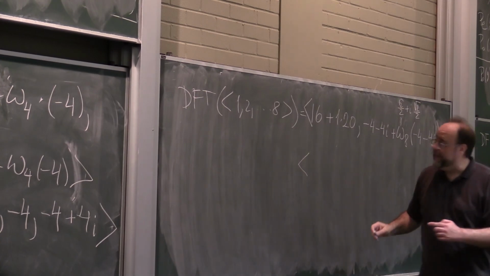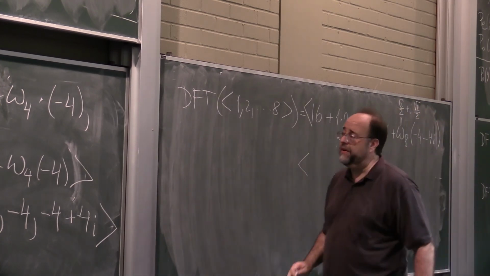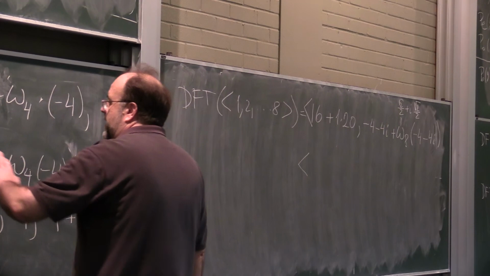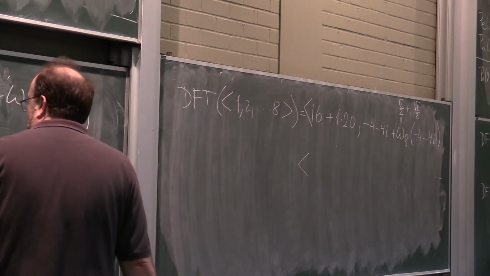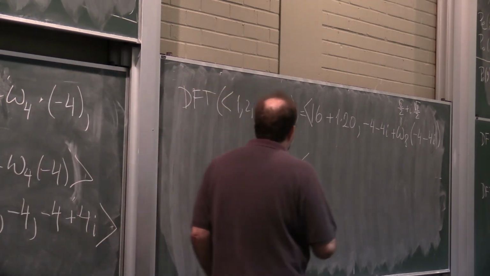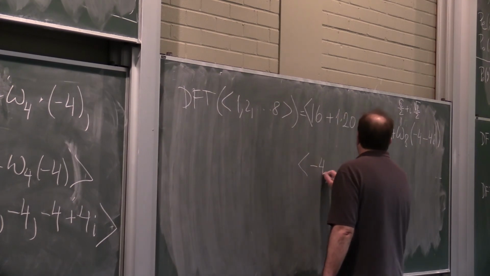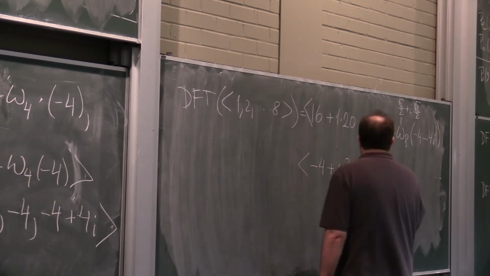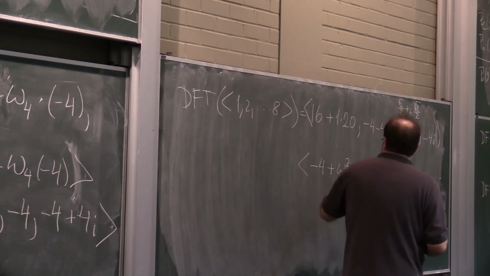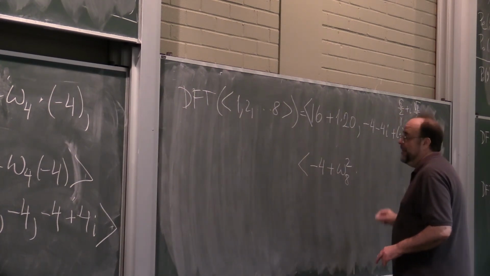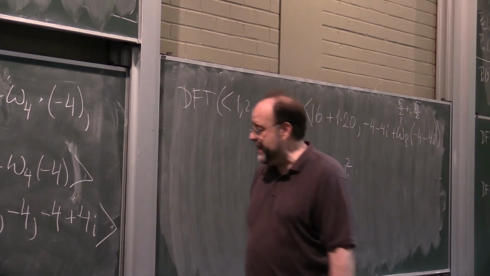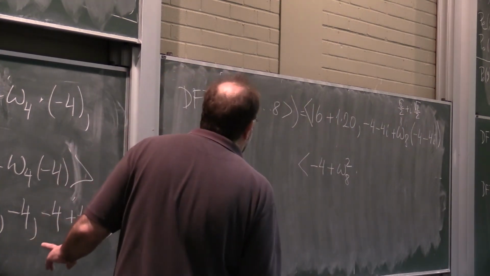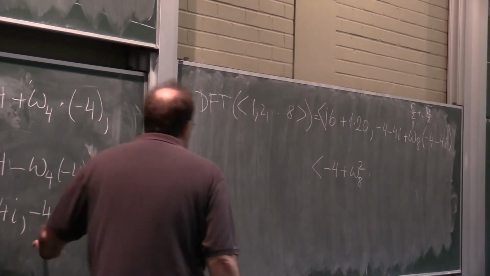And so simply, next thing will be the third component here. So let's see, 1, 2, third component is minus 4 plus omega 8 squared, right? And we know what this is. This is just omega 4 times the third component here, minus 4.